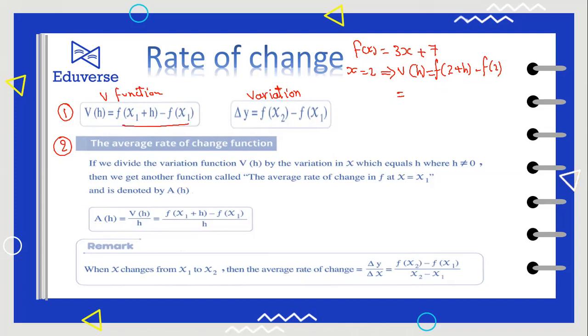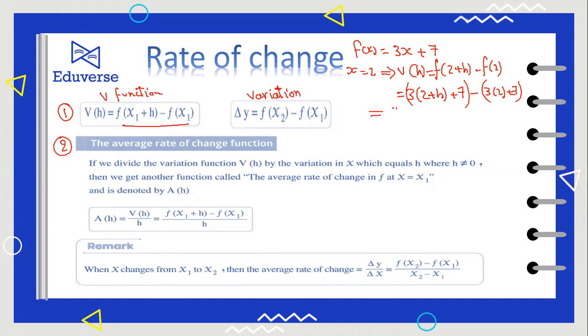Put x equal to 2 plus h: 3 multiply 2 plus h plus 7, minus put x equal to 2: 3 multiply 2 plus 7. Okay, that's the two values I have.